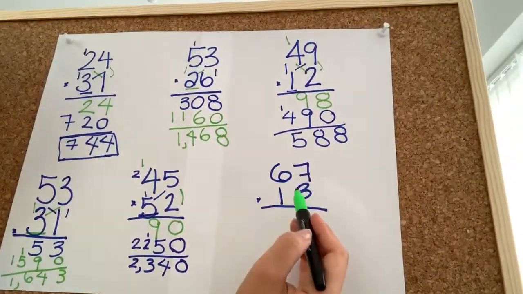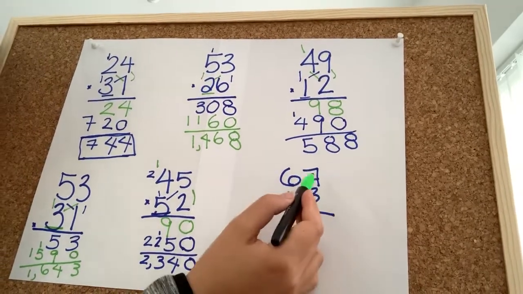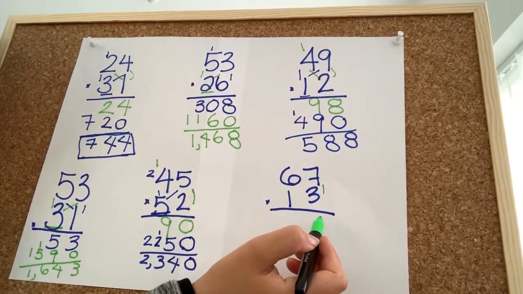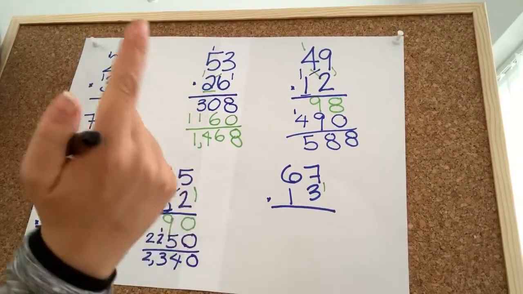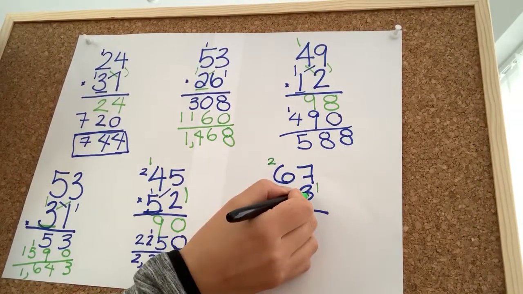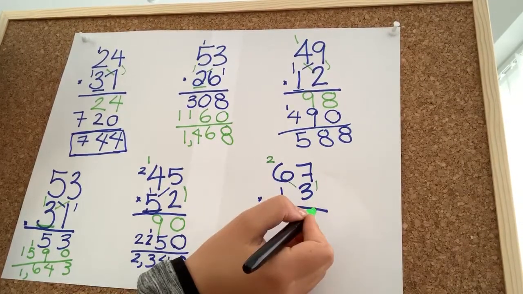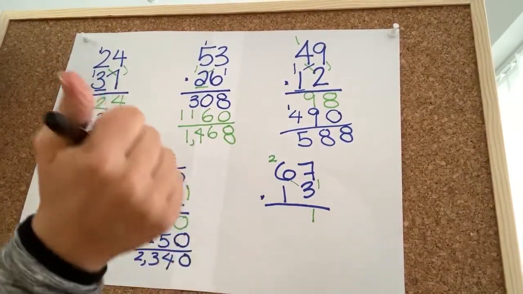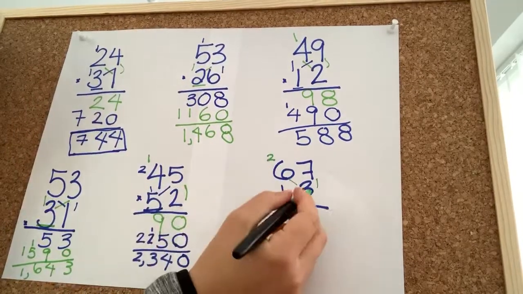So last one, 67 times 13. 3 times 7 is 7, 14, 21. 3 times 6 is 6, 12, 18.